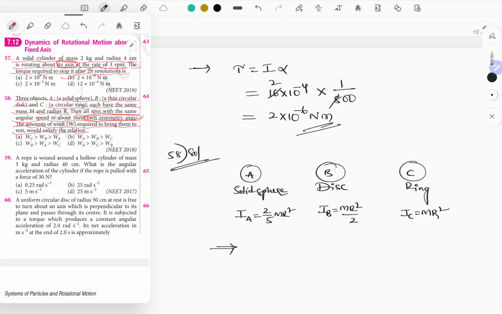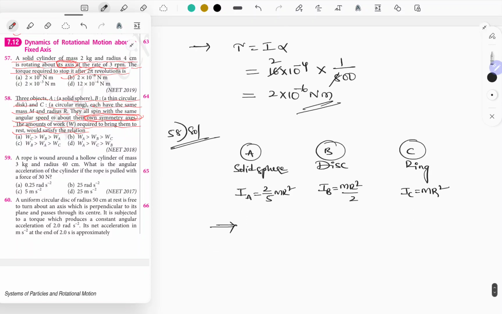So work required to stop the objects is directly proportional to moment of inertia of those objects. In this case, moment of inertia of the ring is greater than moment of inertia of the disk, which is greater than moment of inertia of the solid sphere.